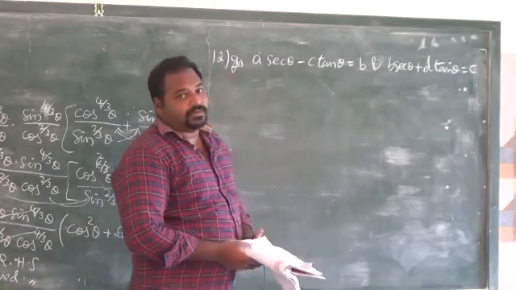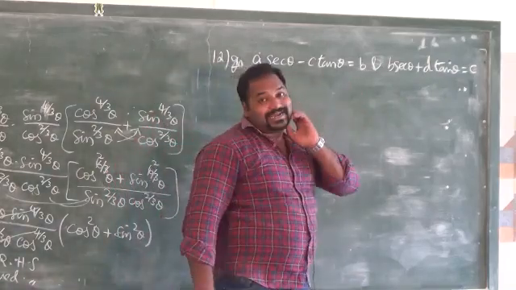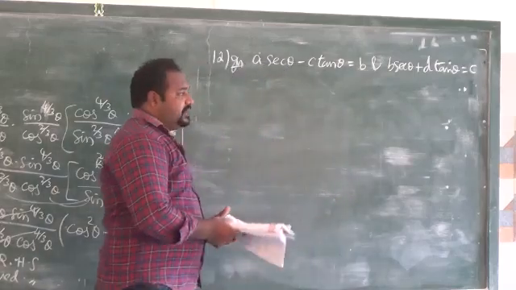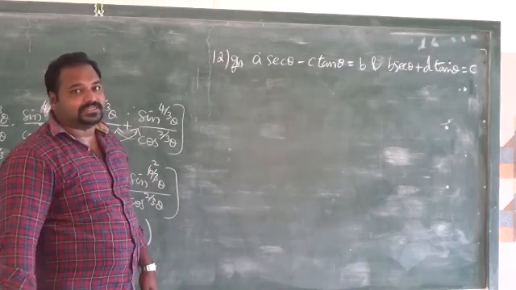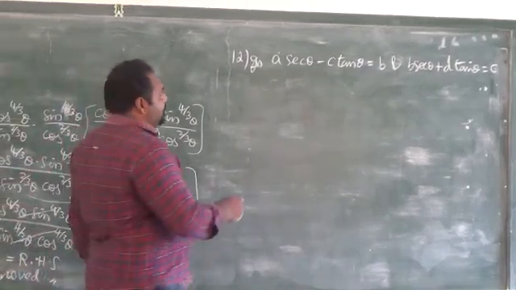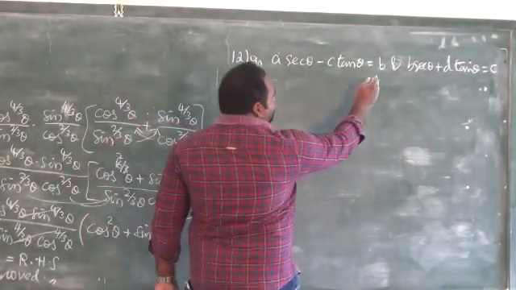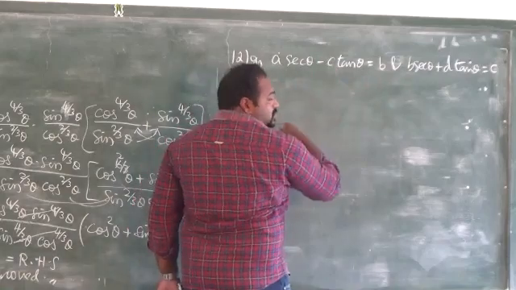So I am going to use the elimination method here. Since we have secant and tan, we cannot directly eliminate by algebraic equations. Here I am going to compare these two equations first. By comparing two equations, we can easily eliminate. Before comparing, I am bringing the right hand side value to this side.